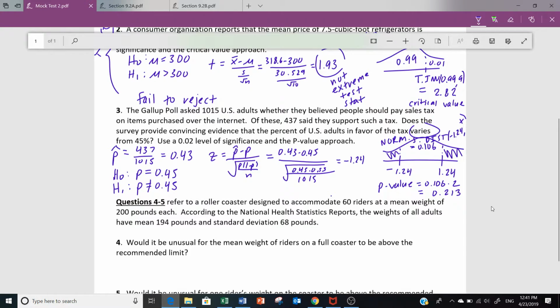Does that indicate extreme or not? What's the significance level? It's 0.02, which is 2%. So only 2% of values are considered extreme, the top 2%. So if your p-value is 21.3%, is that extreme if only the top 2% are extreme? No. This is not an extreme p-value.